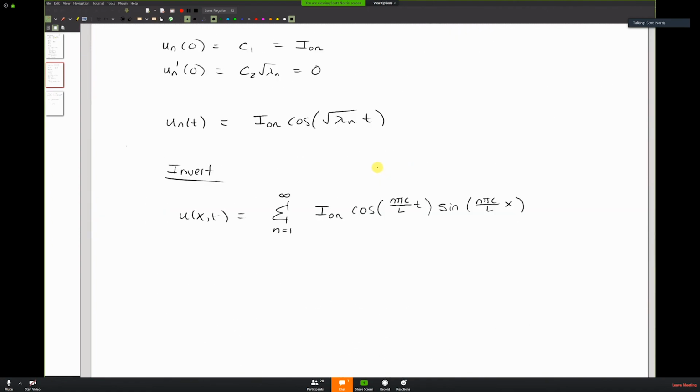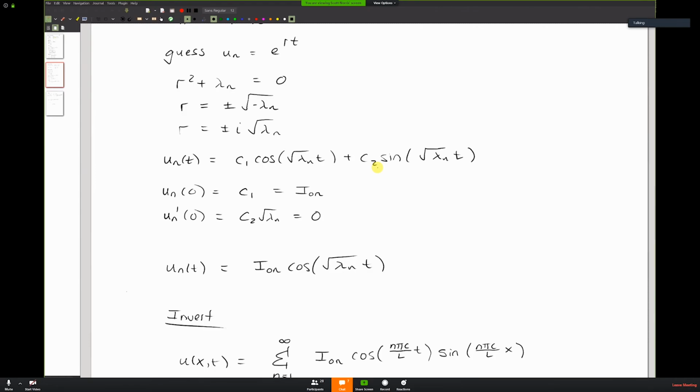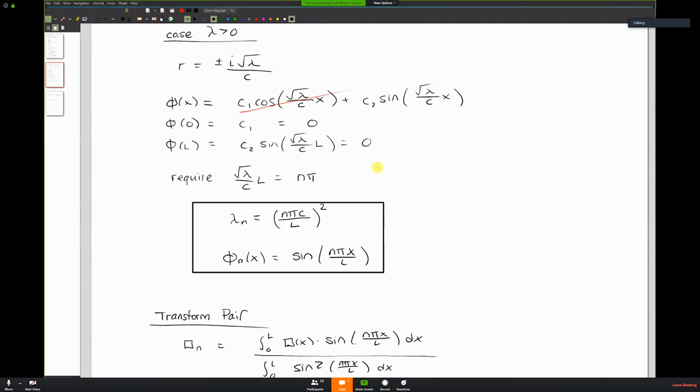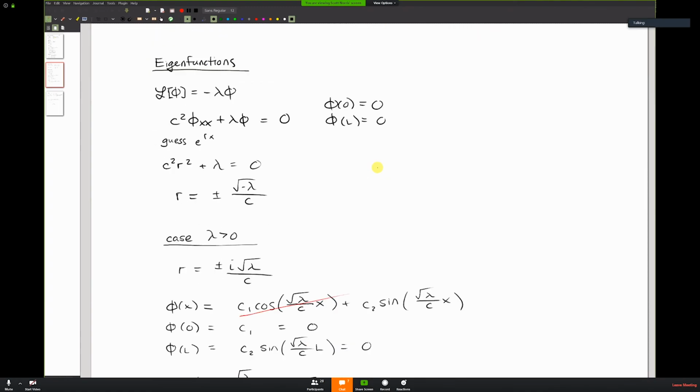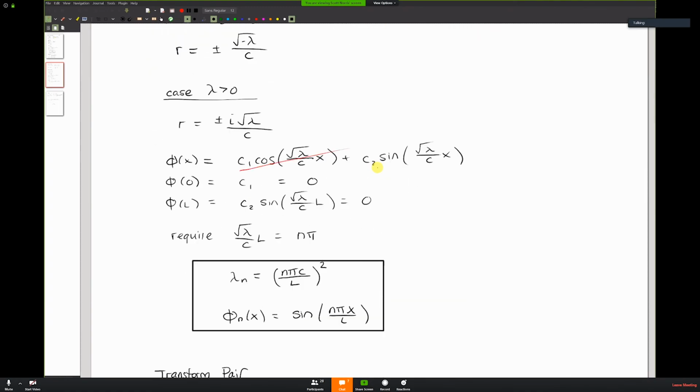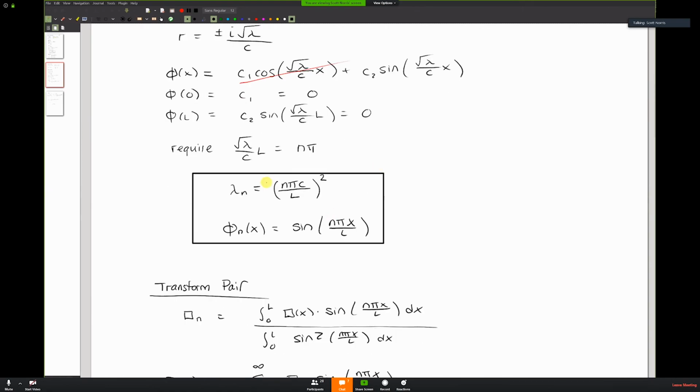I think I made a mistake somewhere here. I did. All right. Look, the spatial eigenfunctions are sine of root lambda over c times x.